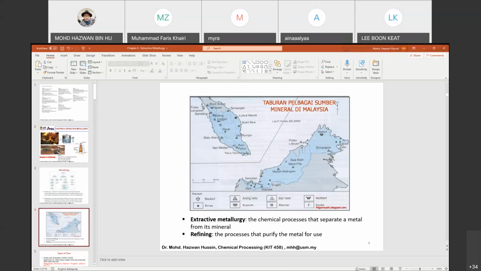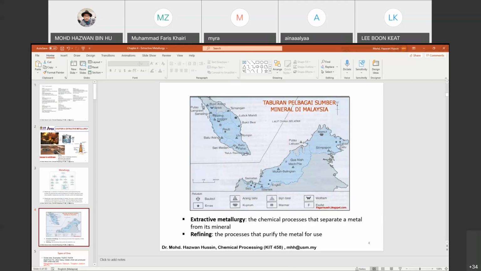Okay, you'll notice that part of the issues related to Lynas is that they produce rare earth elements, and in Kuantan also, near the Cendrawasih area, they actually mine bauxite.